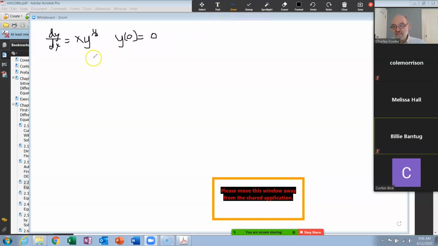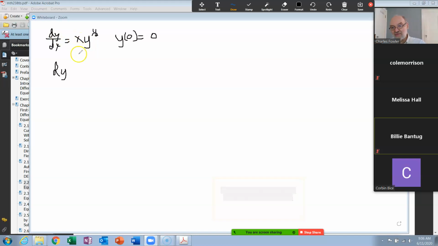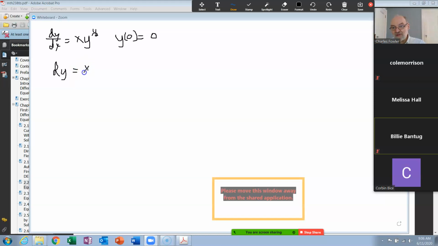Okay. So first thing we're going to do is write it in differential form. By the way, the form that you see here is what they call normal form, differential on this side and everything else on this side. Now we're writing in differential form, which is dy is equal to x y to the 1/2 times dx.